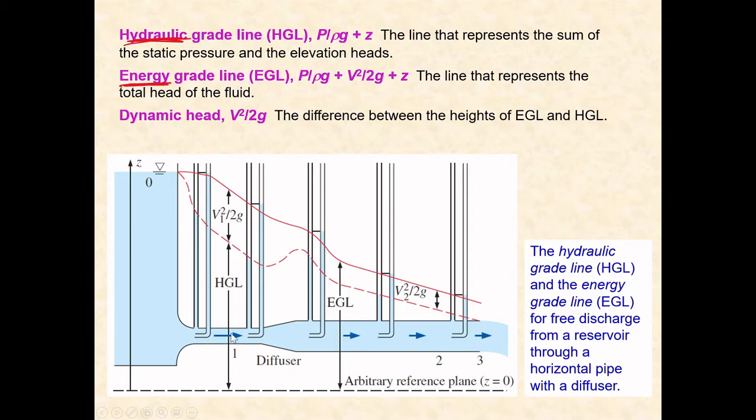So more kinetic energy can be captured, so we have more of what I call dynamic or velocity head. But after the diffuser, the fluid flows at a lower velocity, so you also capture lower velocity head, or dynamic head.